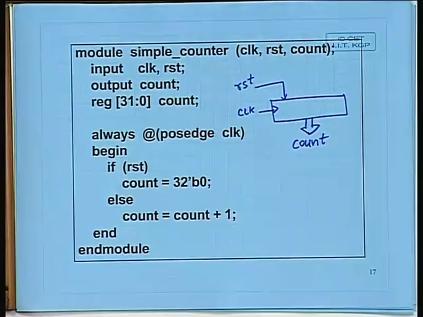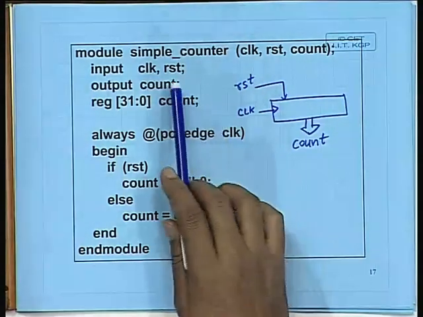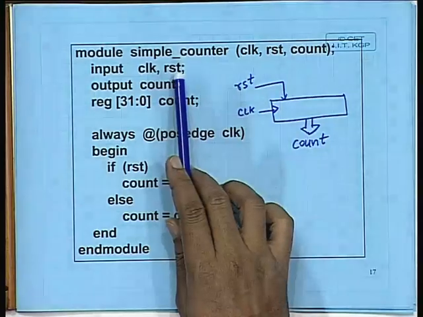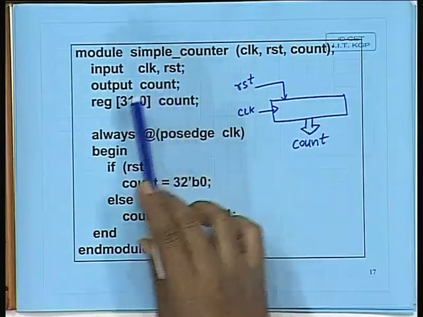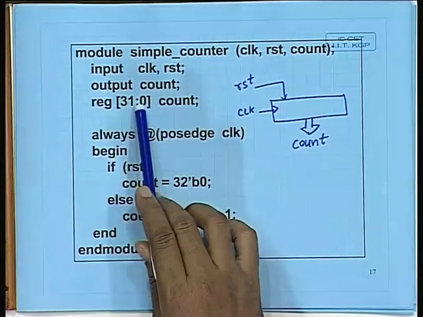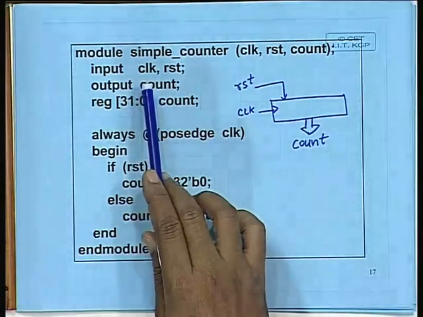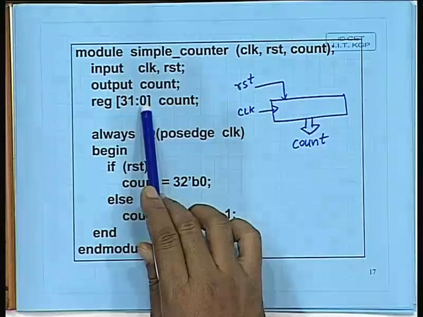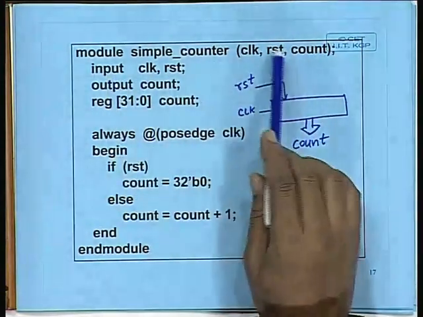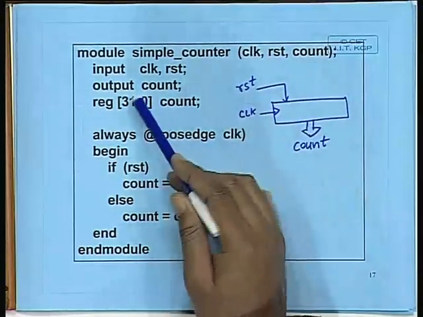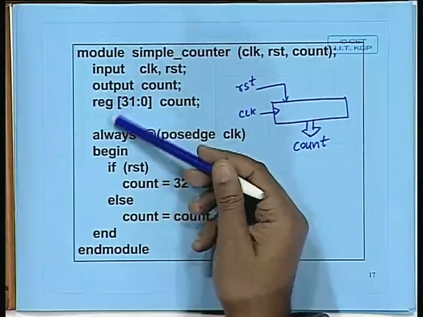So in the first line, clock and reset are defined as 1 bit. In the next line, count will also be defined as 1 bit, and you are overriding that definition in the next line. In the input output parameters, you can simply specify this is input, this is output, and the sizes you can override in the next statements.